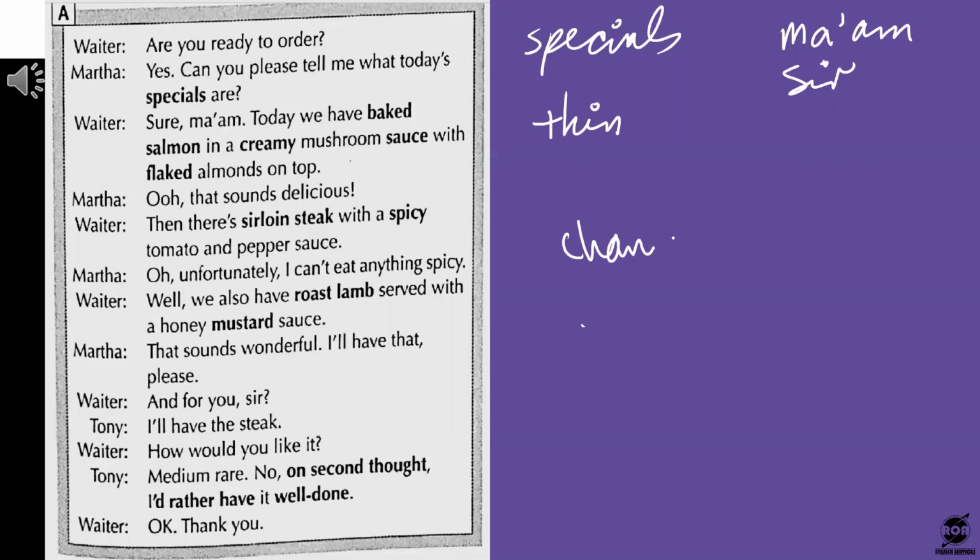So he says, on second thought, I would rather have it well done. So well done means cooked 100%. That's for meat, okay? And then they go as, okay, thank you. We will see more of the meat levels in a moment.